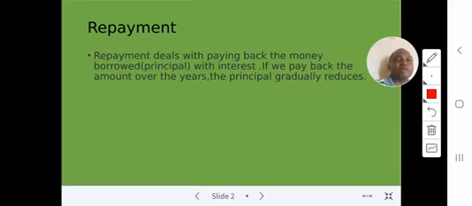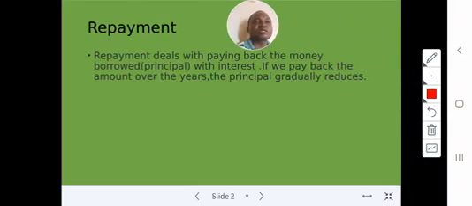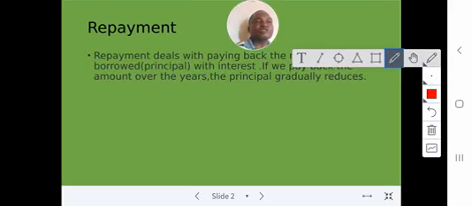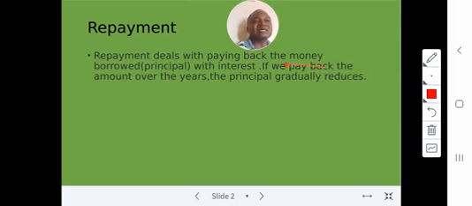If we pay back the amount over the years, and when that is being done gradually, because you have to be paying it depending on your agreement, the principal reduces.